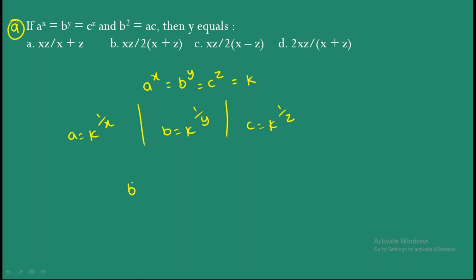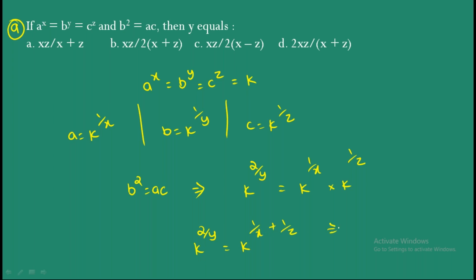In the question they given b square equal to ac. So we can say k power 2 by y is nothing but k power 1 by x times k power 1 by z. As a power m into a power n is a power m plus n, using that point we can add the powers. Now as bases are equal, powers are equal, 2 by y is 1 by x plus 1 by z.